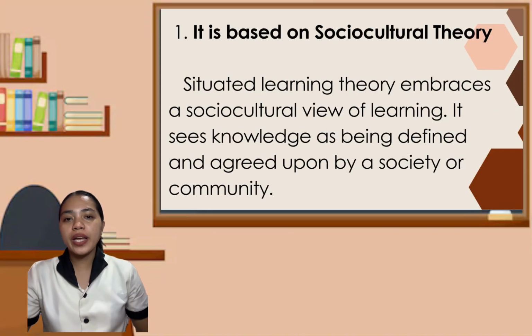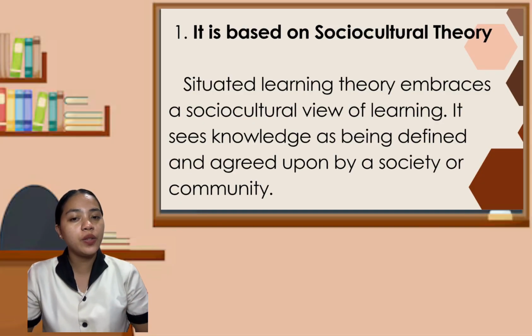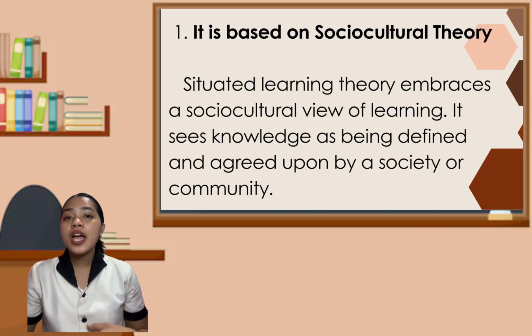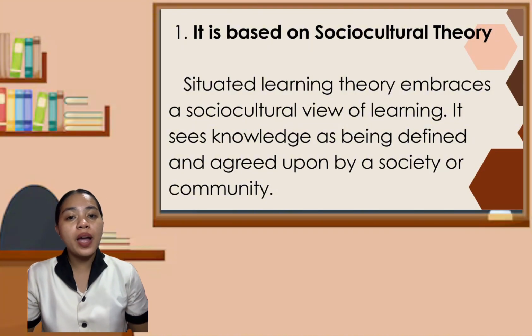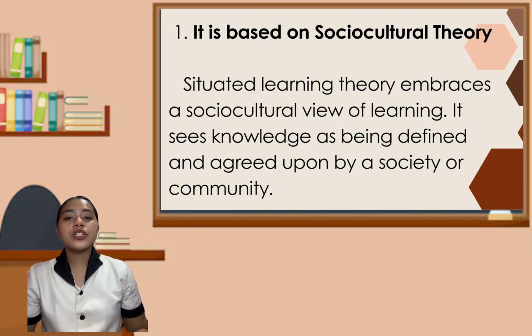The first one is, it is based on sociocultural theory. Situated learning theory embraces a sociocultural view of learning. It sees knowledge as being defined and agreed upon by a society or community. So it believes that knowledge is not only created by individuals, but is shared, shaped, and accepted by a community or society.